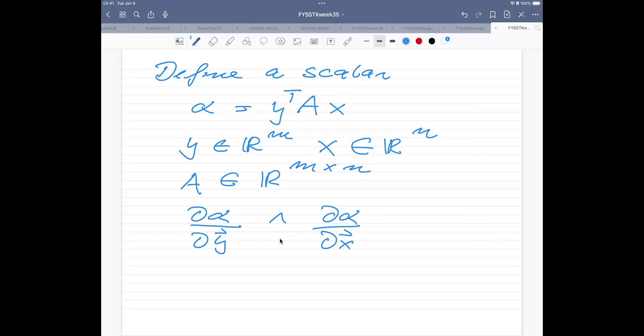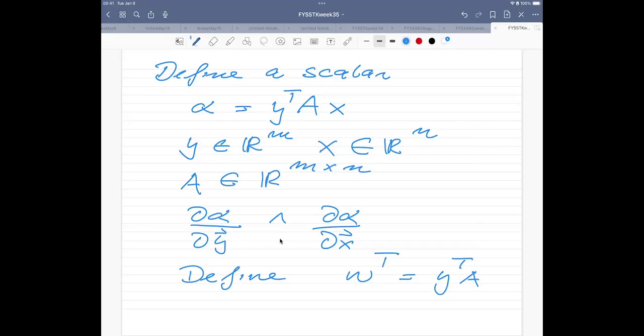So the first thing we are going to do now is to define a new quantity, which I call w transposed, which is just y transposed times A. So y does not depend on x, and A does not depend on x and y. This is a pretty common assumption in linear regression.